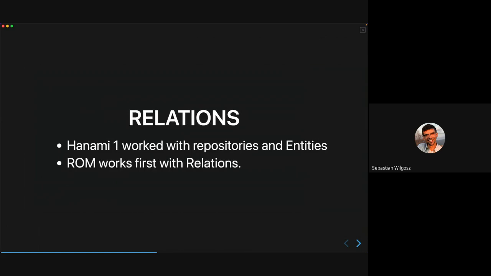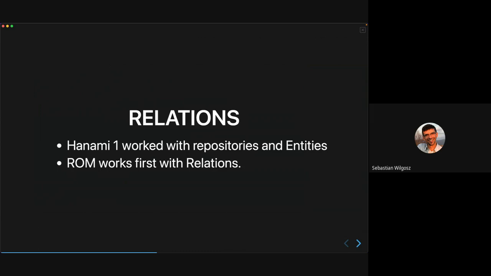Then we started reaching out to the bigger differences. Hanami 1 worked with repositories and entities at most, at first, but ROM is oriented around relations, and the relation is the key of ROM, the heart of ROM.